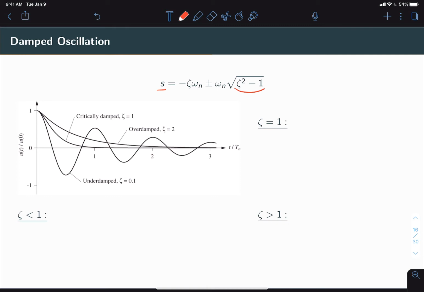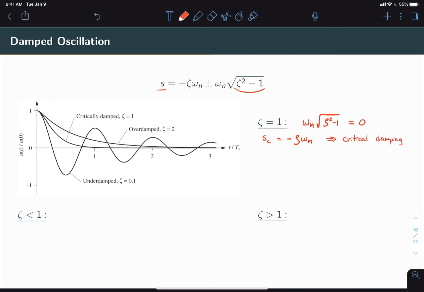So let's start with the case that zeta is equal to 1. That would make the term in the square root equal to 0. That means we only have one solution for s, which we'll call s_c, and that's equal to negative zeta omega n. This situation we call critical damping.